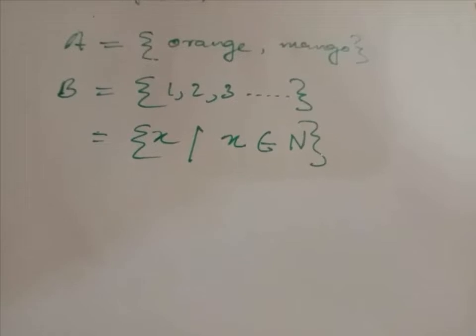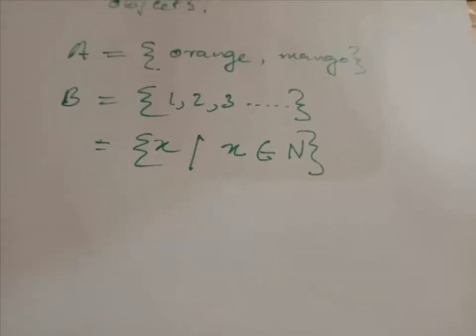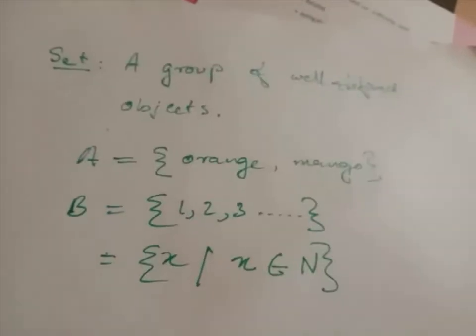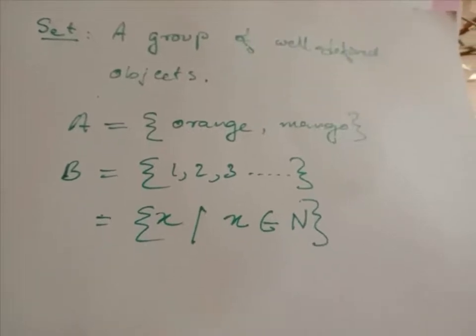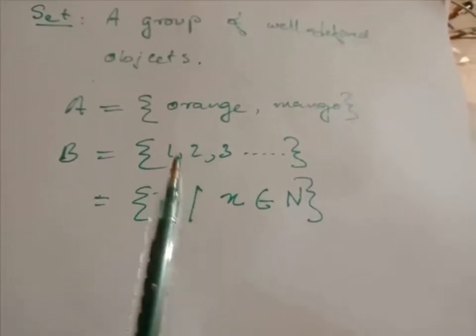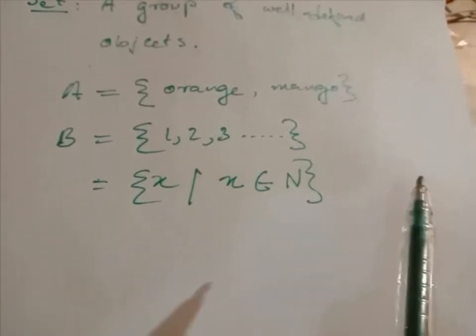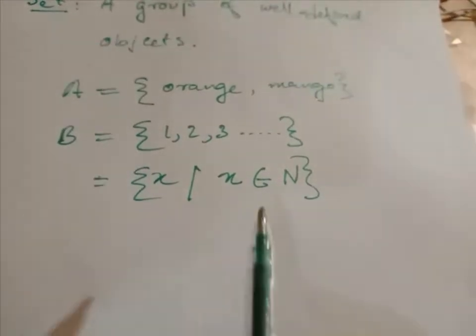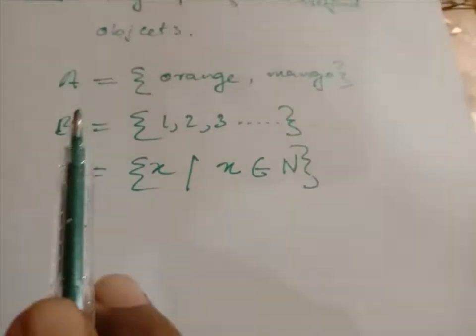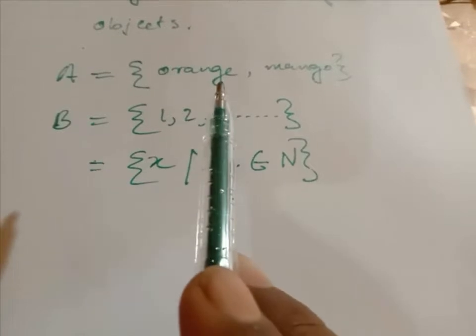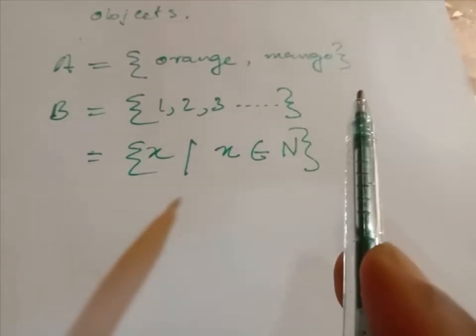Now at this point, what we have learned till now, a set is a group of well-defined objects. You must be able to define each object. Here B can be defined as set of natural numbers. A can be defined as the set containing the elements orange and mango.